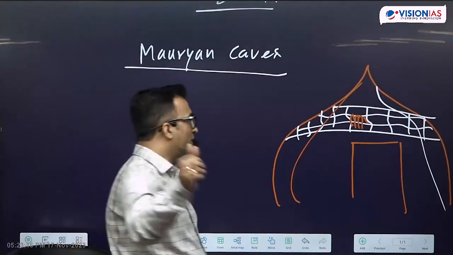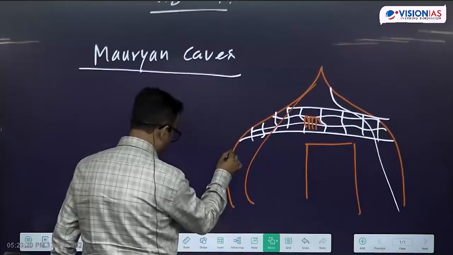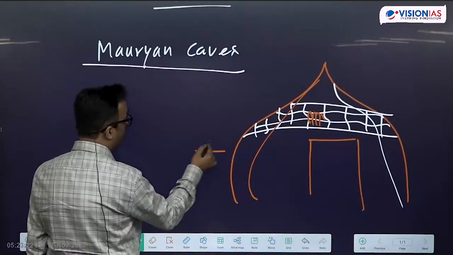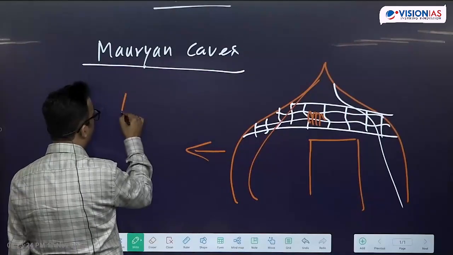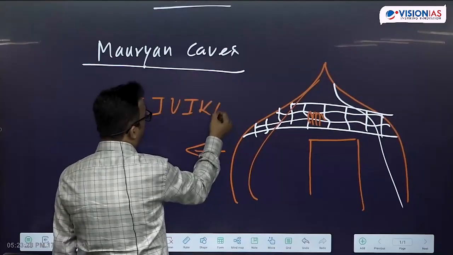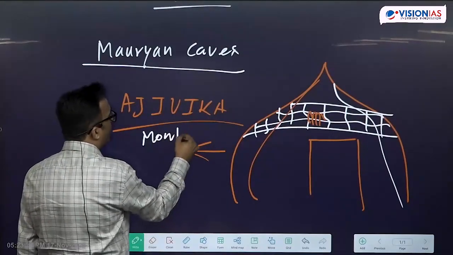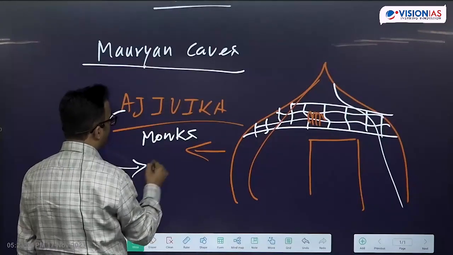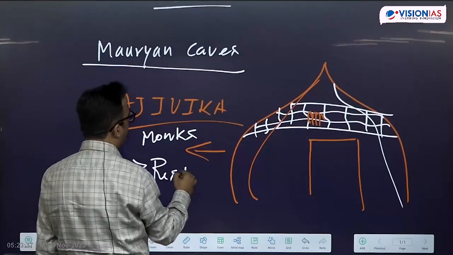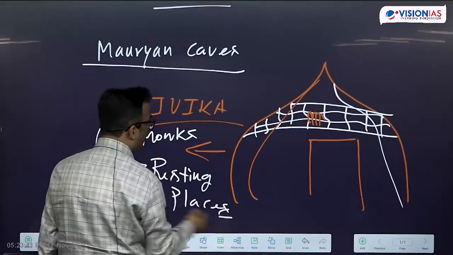So the reason is that these caves of the Maurya age were meant for habitation of the Ajivika monks. So basically, these caves were resting places for the Ajivika monks.